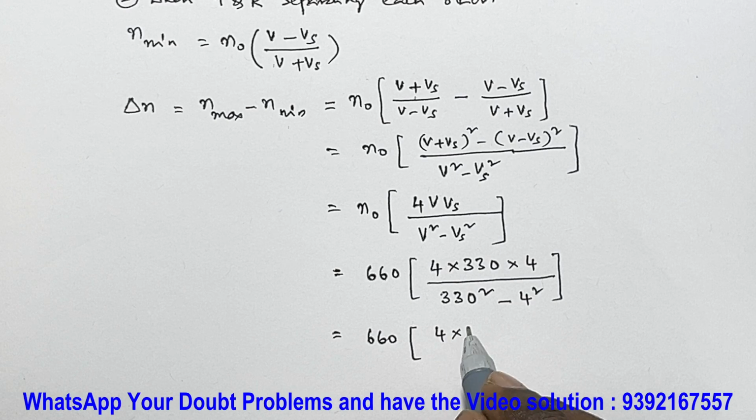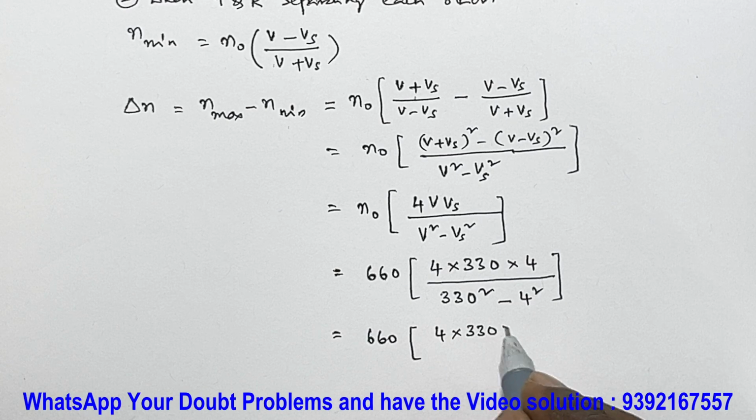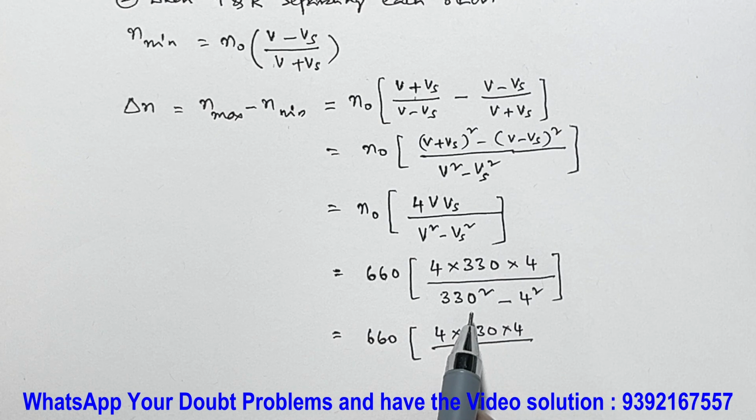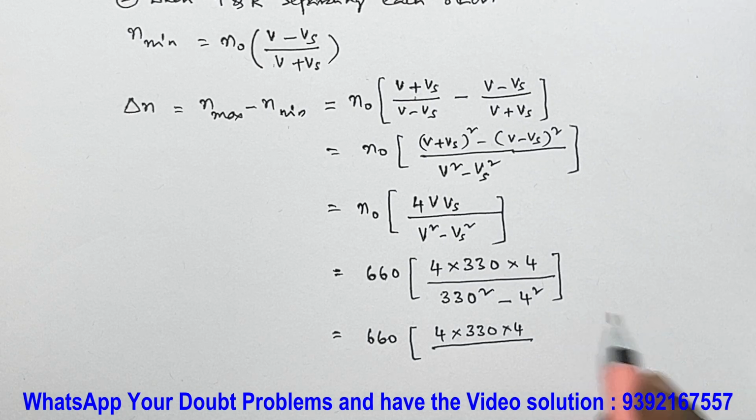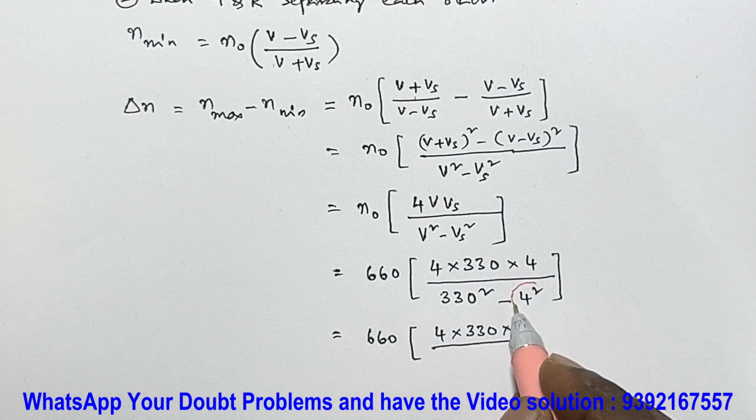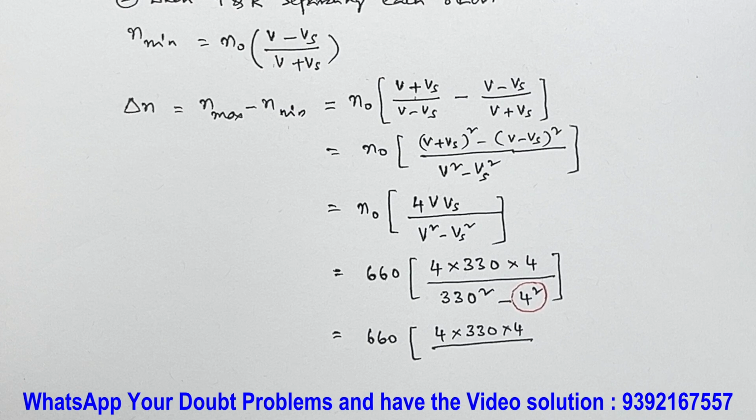When we compare 330 square with 4 square, 4 square is very small, so I will neglect it. Then I have only 330 square.